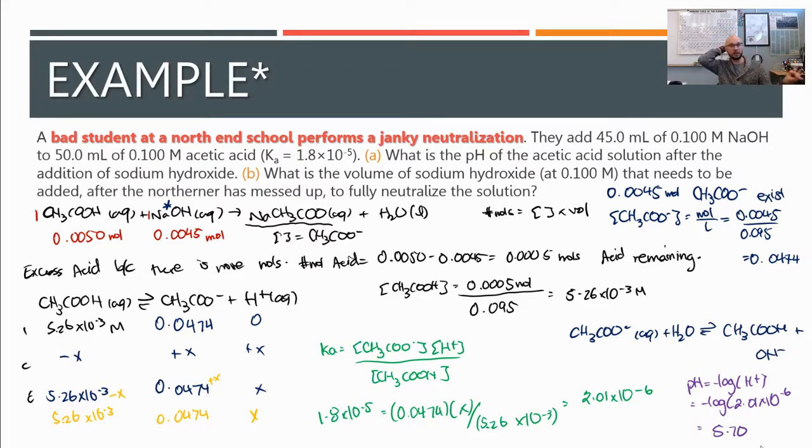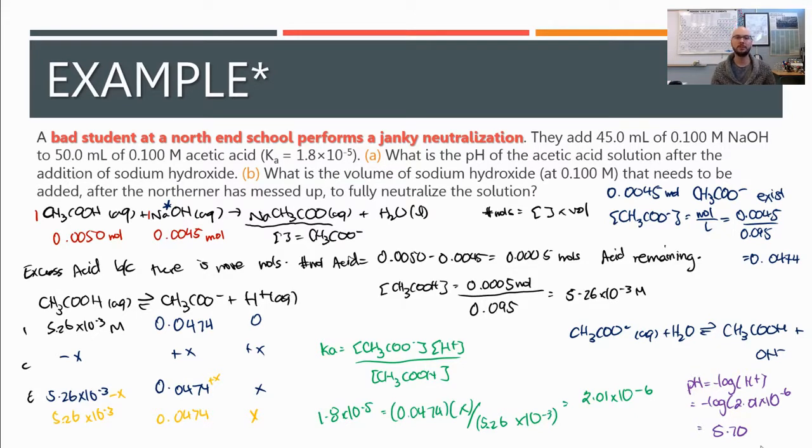So after the sodium hydroxide has been added, this solution is still acidic, and that's what we would expect, right? They haven't added enough sodium hydroxide to fully neutralize the solution, so it remains slightly acidic, though it's much higher than it was. So 5.70 is actually pretty close to being neutral. It's not quite neutral. It's in that very weak acid range, but that's what we'd expect with this.